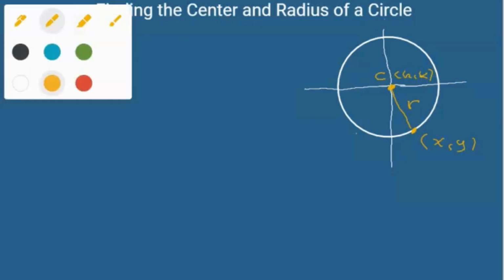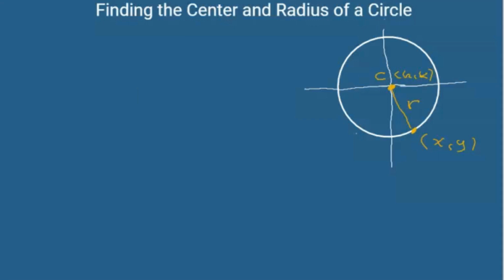Now the standard equation of a circle is x squared plus y squared is equal to r squared. This one is used if your center is at (0, 0).